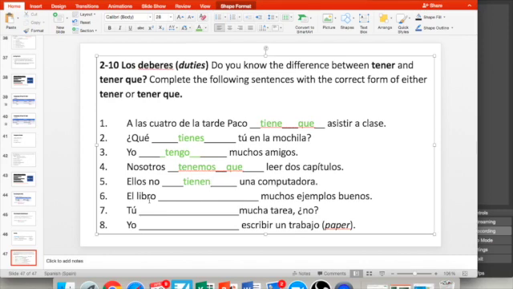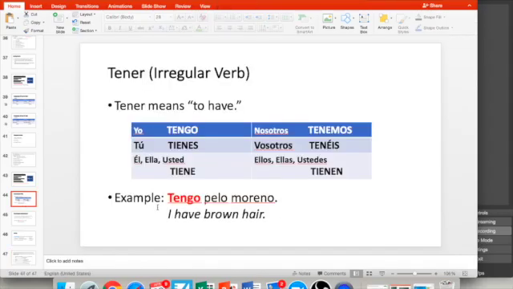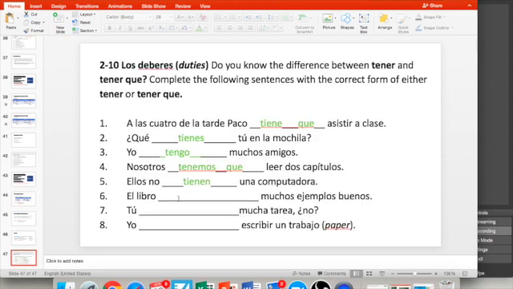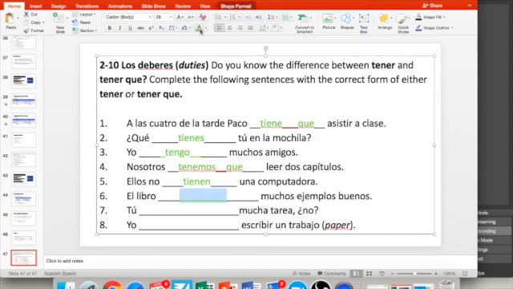The book is considered to be it in Spanish, and you may recall from a previous lecture that for it, for things that are singular in the third person, we use this bottom left box, he, she, or it. So in this case, we're going to use the tener form, tiene. So el libro tiene muchos ejemplos buenos. The book has a lot of good examples.